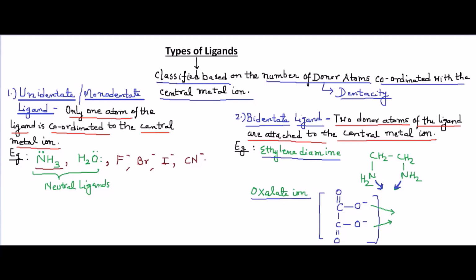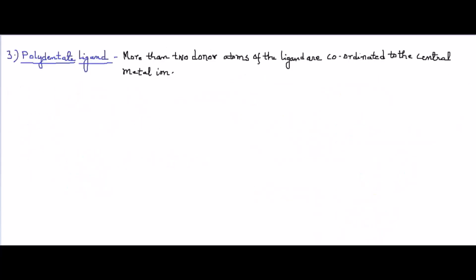Next come the polydentate ligands. In polydentate ligands there are more than two donor atoms of the ligand coordinated with the central metal ion. So unidentate has one donor atom, bidentate has two donor atoms, and in polydentate more than two donor atoms of the ligand are coordinated with the central metal ion.